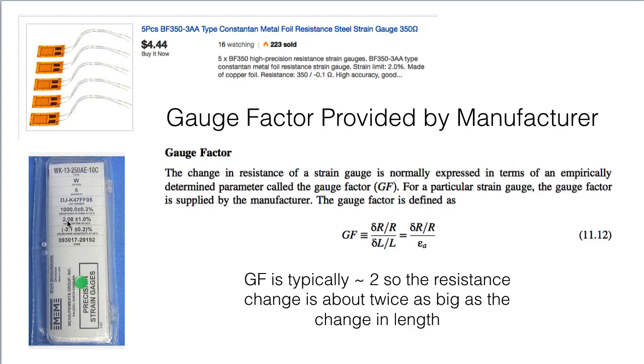So 2.08 plus or minus 1% for this particular collection of strain gauges, and that's the ratio between the resistance change and the strain change. So the change in resistance will be typically about twice as big as the change in length.